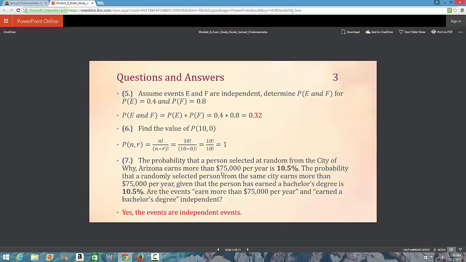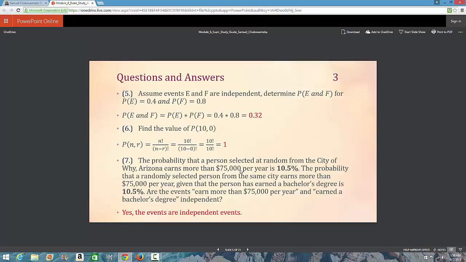So they are asking us whether the two events are independent. One is just the actual event, while the other is the actual event given the second event. I want you to understand that.